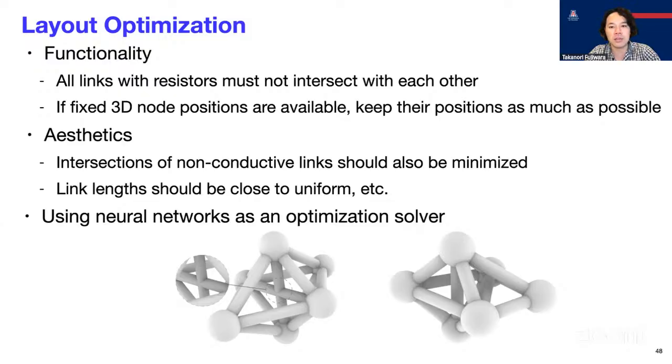Therefore, for aesthetics, this is optional, but we can avoid intersections of all links and also make link lengths as uniform as possible. And as you can see here, satisfying all these constraints and objectives is not that easy. So we utilize neural networks to conveniently find solutions.